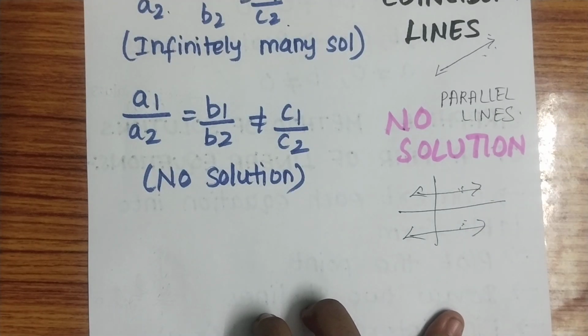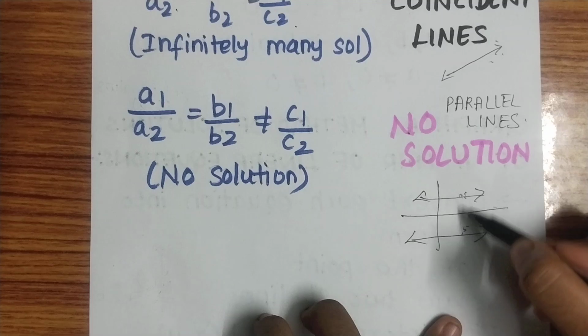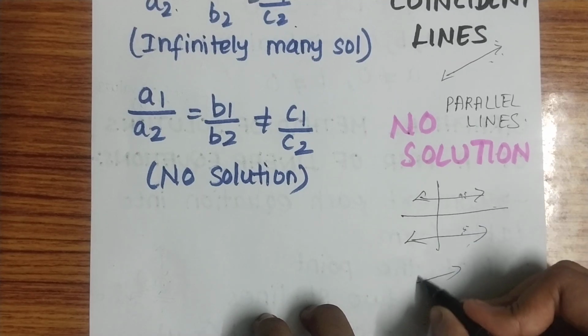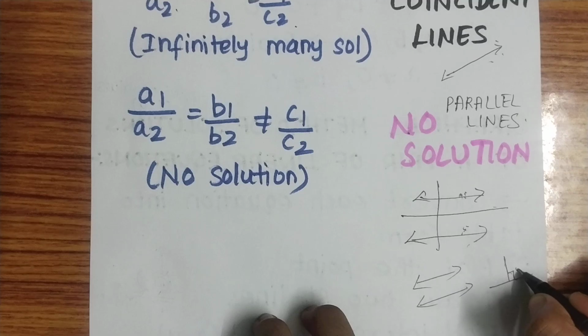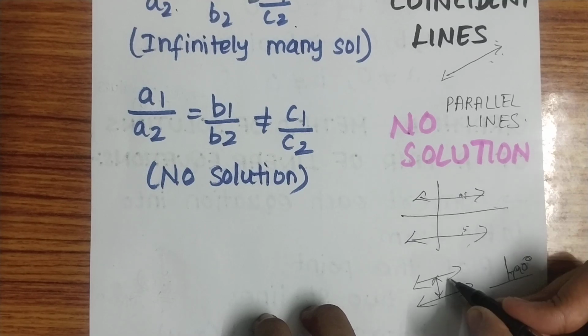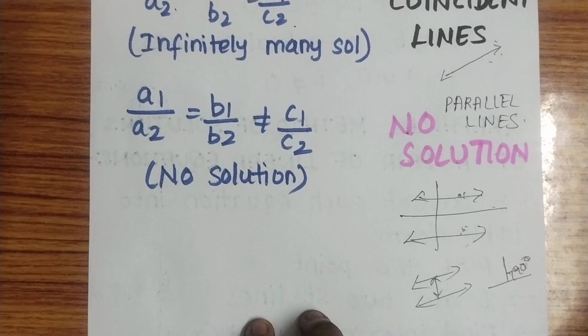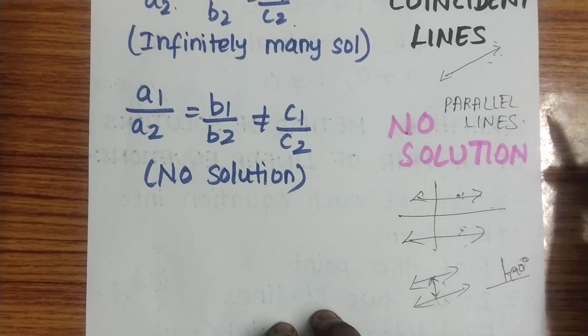You know this is parallel, and this is perpendicular. Here I don't have any angle, so no angle, so no solution. You can remember it in that way. Since there is no angle, there is no solution.